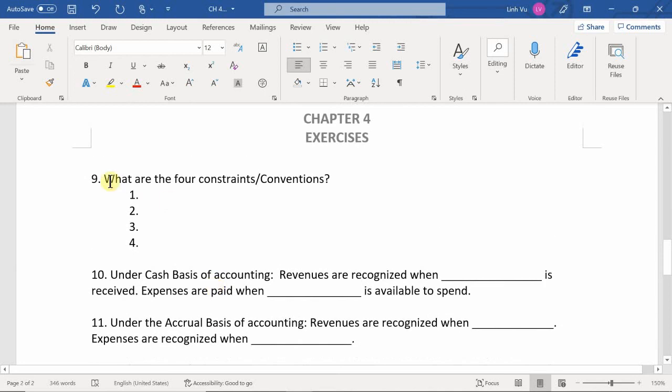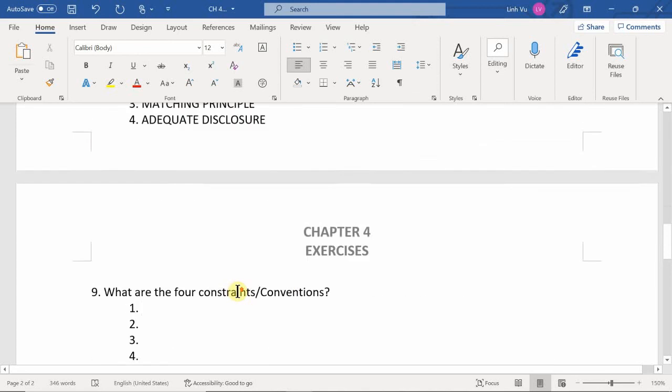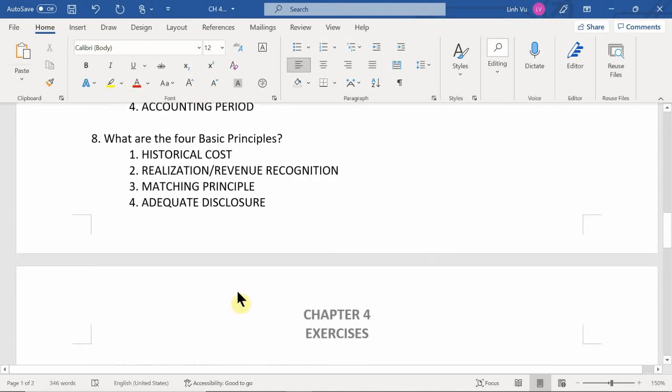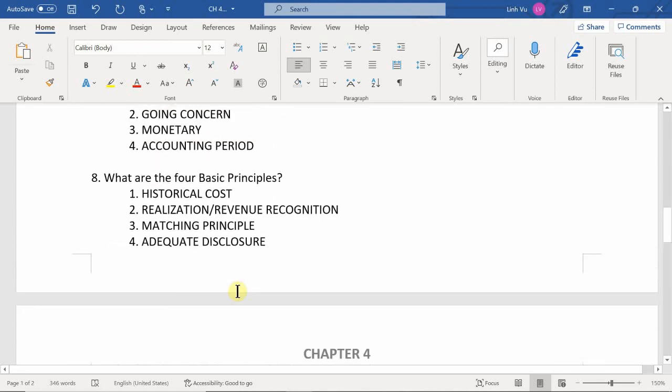All right, number 9. What are the 4 constraints? I have a question. Yes. On the last one, adequate disclosure, do you mean accurate or exact? Please explain this. Okay, adequate means enough, right? Where you have enough information, not exact information.